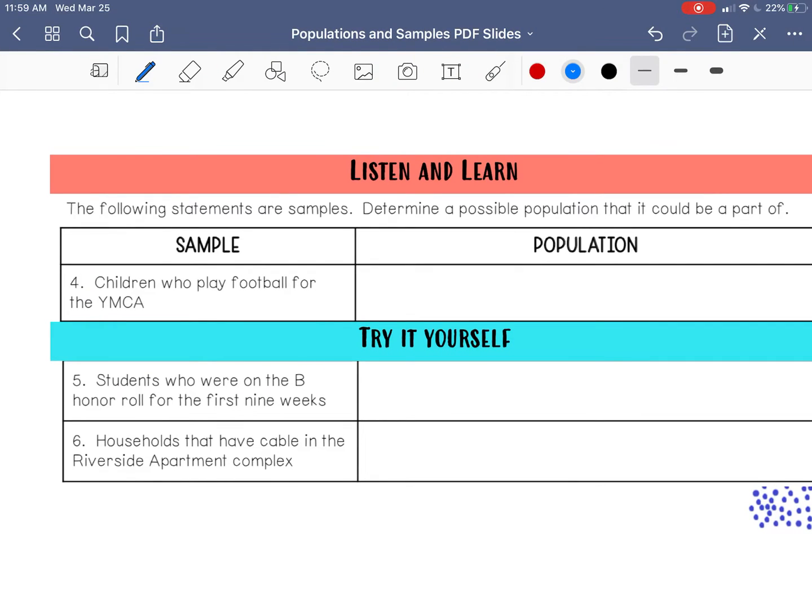Now we're going to look at, when we're given samples, what that sample could be a smaller subset of. What type of population? The example here would be children who play football for the YMCA.